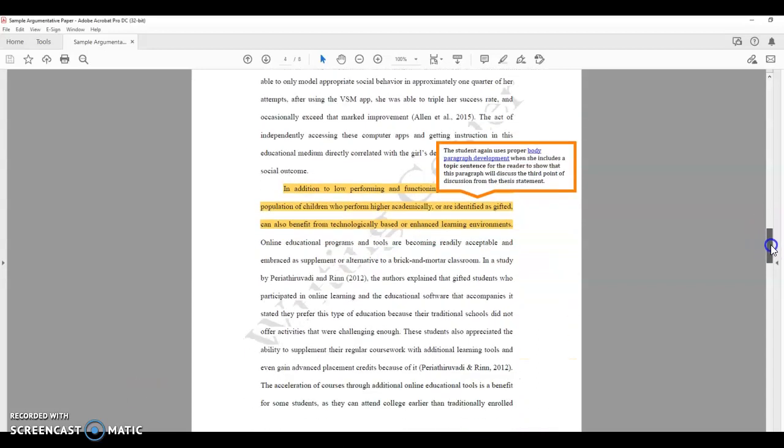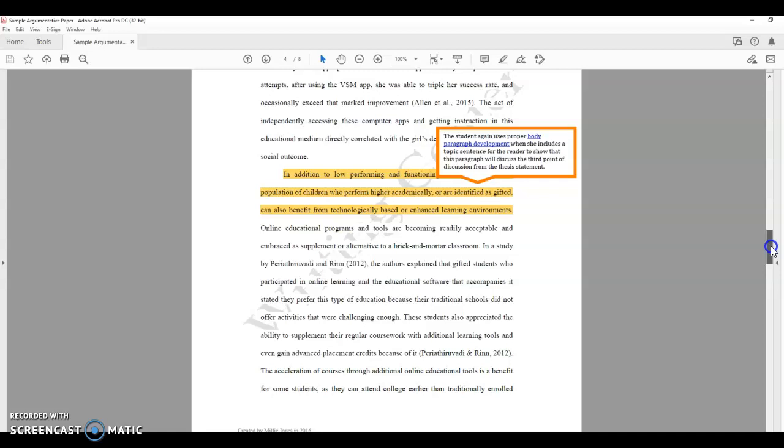Okay, now that you're back, we are moving on to the third body paragraph, and the example points out that she is just following good paragraph development. She has a clear topic sentence that introduces what she's going to be discussing.